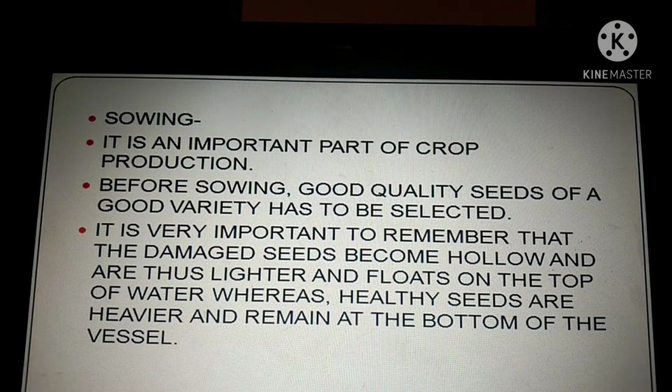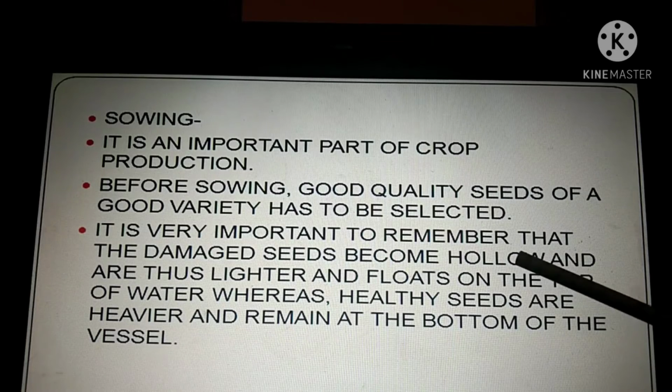Now, when you buy seeds from the market, how will you know that these seeds are healthy or damaged? There is a very important technique. You take some water in a beaker or in a bowl, and then you put the seeds there. If the seeds are lighter and they float at the top of water, then this proves that these seeds are damaged, because damaged seeds become hollow.